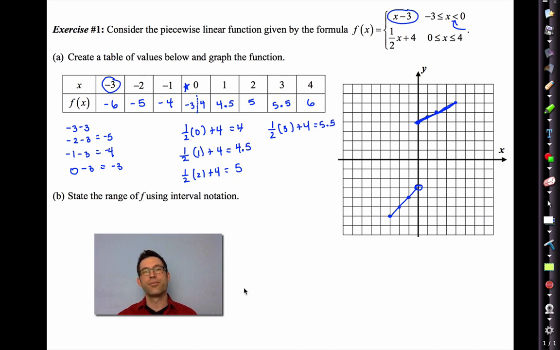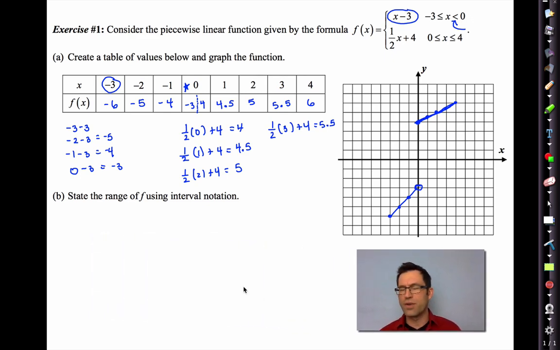All right. Now, letter B says, state the range of f using interval notation. Now, the range is all the y values. It would be tempting to do something like this, -6 to 6, right?